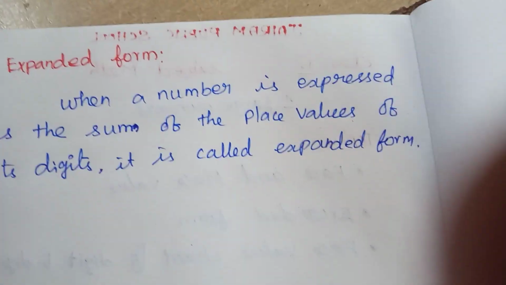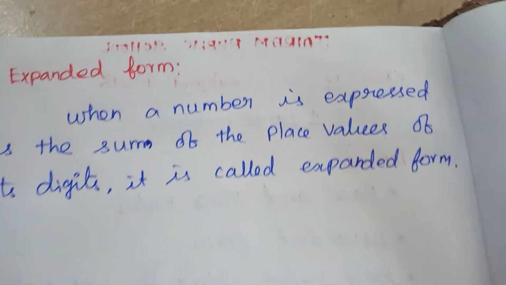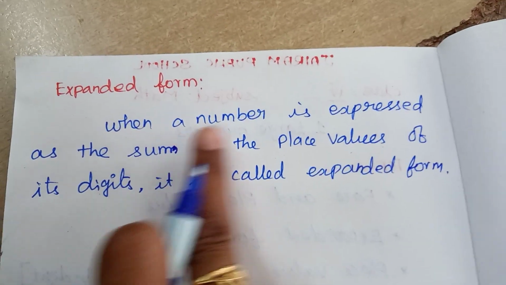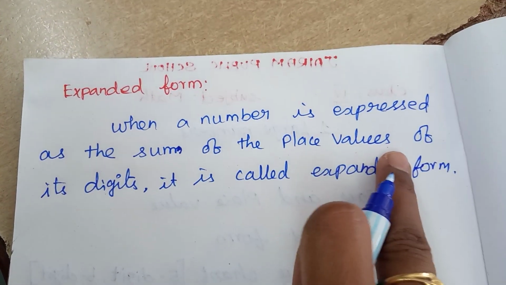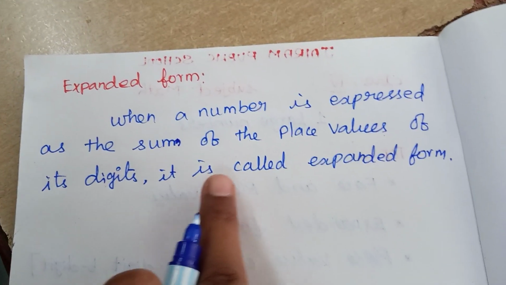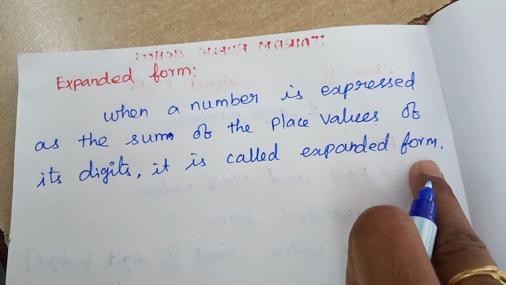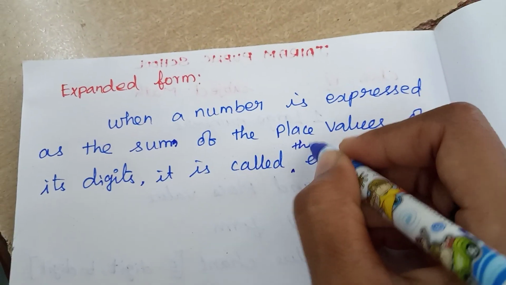The expanded form. Okay, again I am going to read the definition of the expanded form. When a number is expressed as the sum of the place values of the digits, it is called the expanded form.